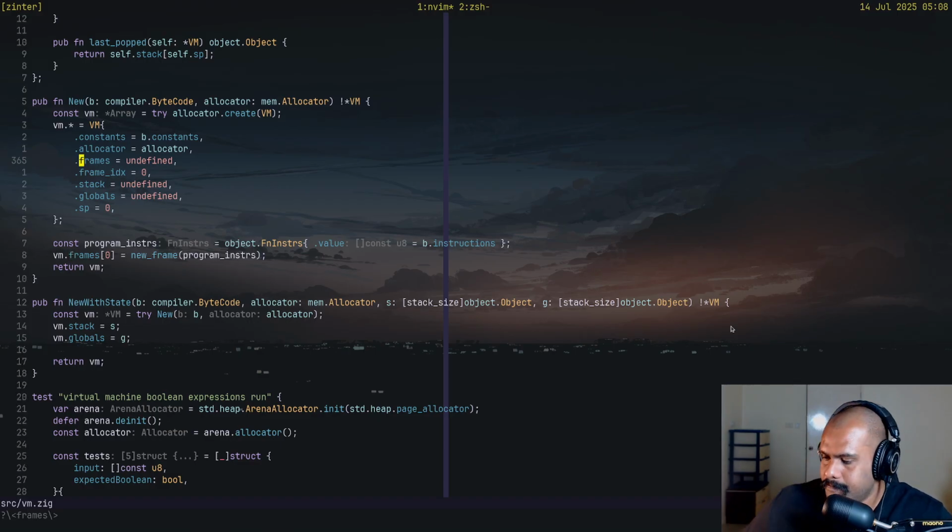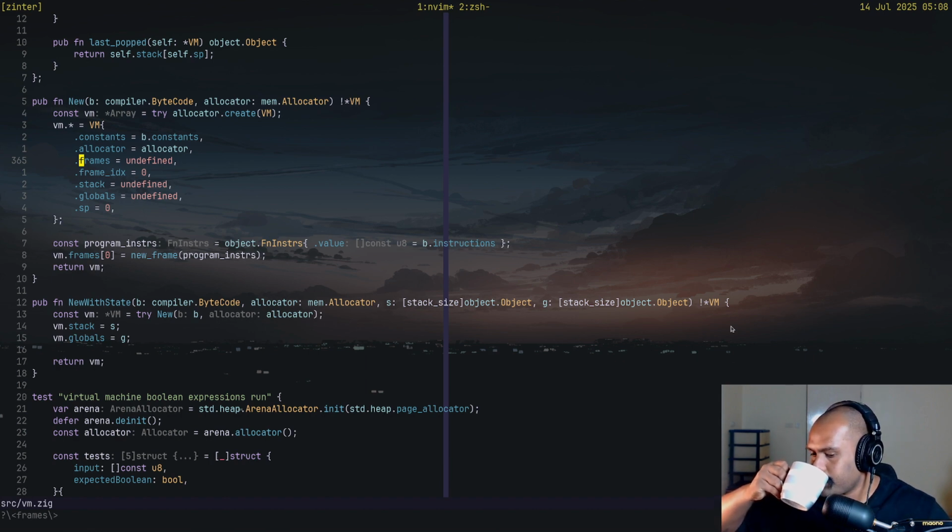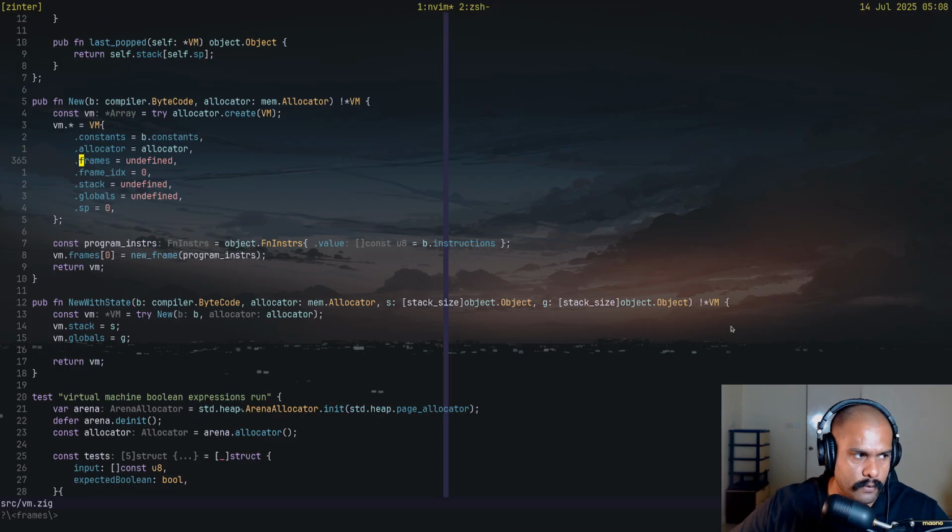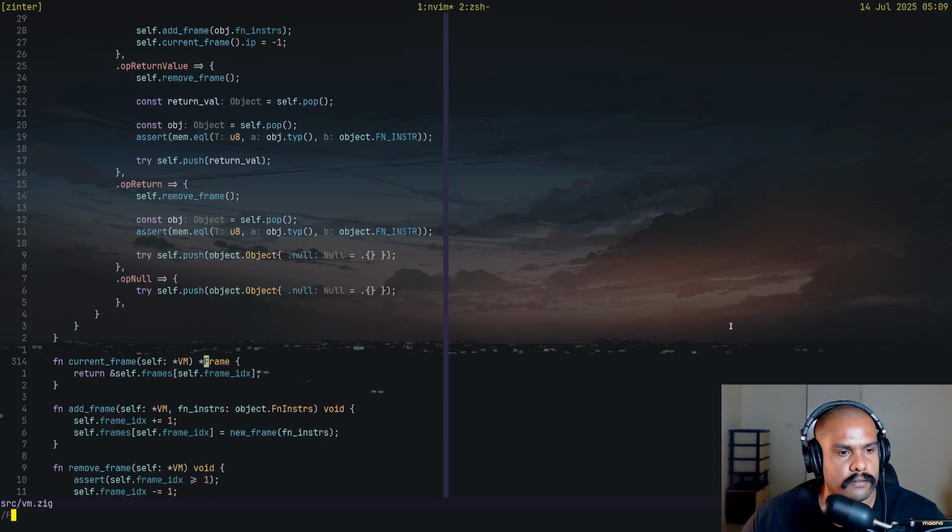It's so that when we execute functions within functions, that's what it's for. Okay, that makes sense.